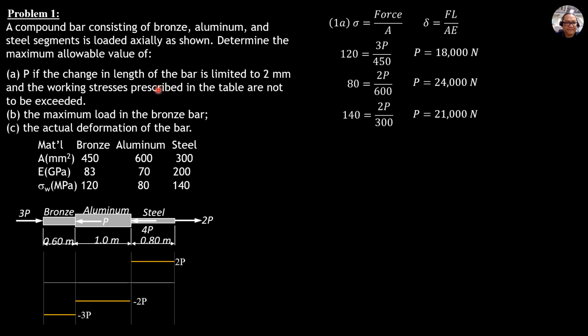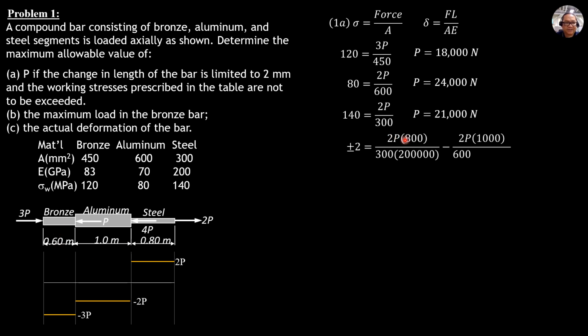because we have to evaluate the value of P based on deformation. So deformation plus or minus 2 mm is equal to the sum of the individual deformations of these materials. Two are in compression, so those will be negative, and one is positive, 2P for the steel.